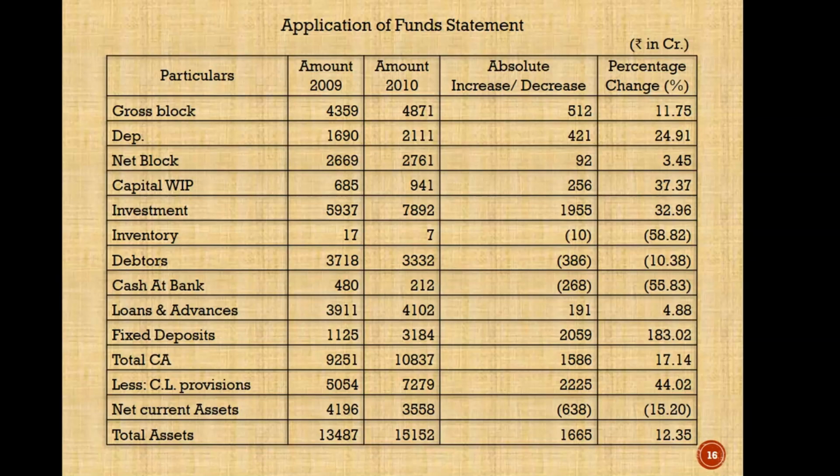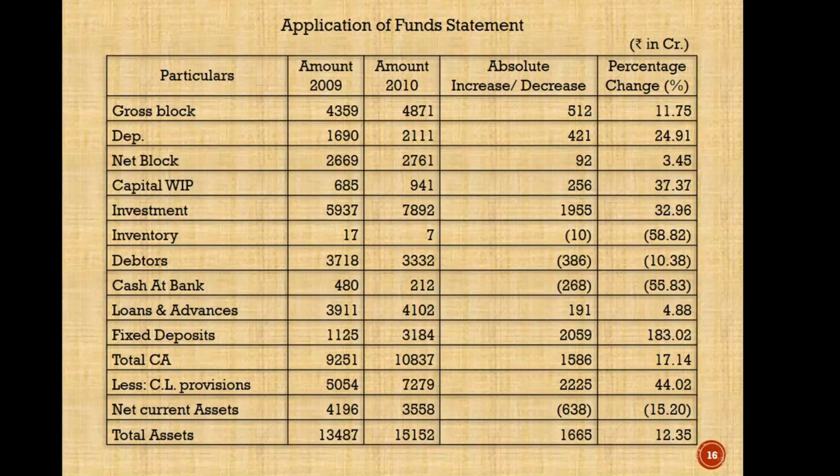See here, one by one: gross block increased, depreciation also increased, net block increased, capital WIP, that is work in progress, increased, investment also increased, inventory has decreased, debtors show a decrease in amount, cash at bank decreased. We are just comparing current year data with the earlier year data.